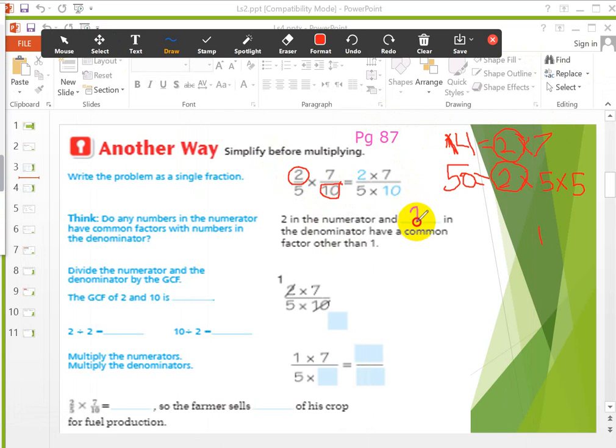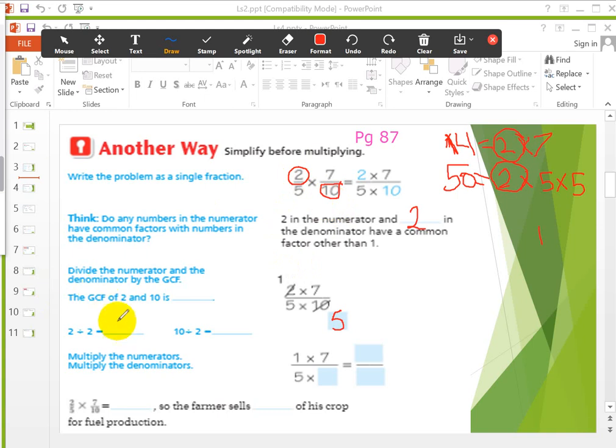It's 2, right? Both numbers are able to divide by 2. I can divide 2 by 2 and 10 by 2. So I will divide both 2 and 10 by 2. If you divide 2 by 2, it will be 1. And 10 divided by 2 will be 5, right? So you can divide both numbers by the same number.